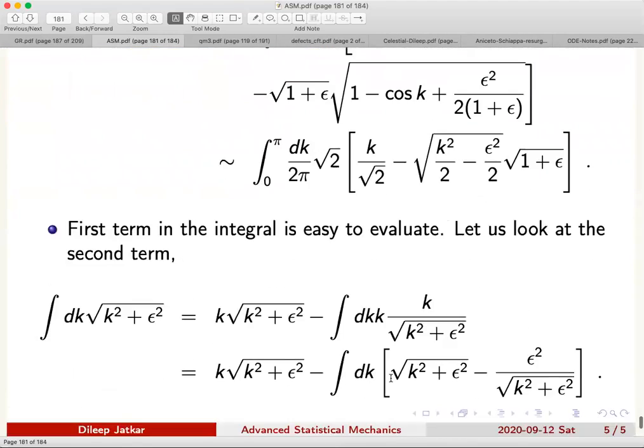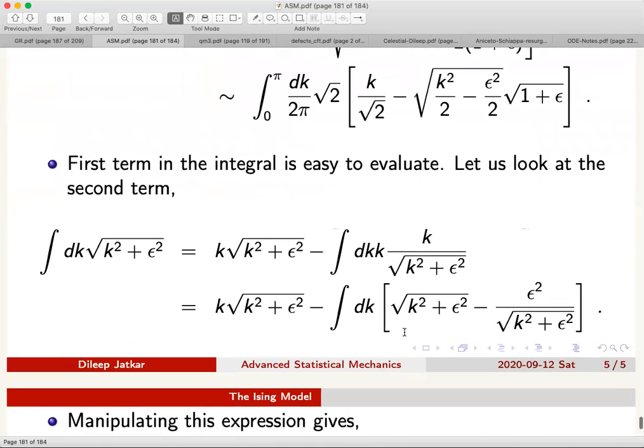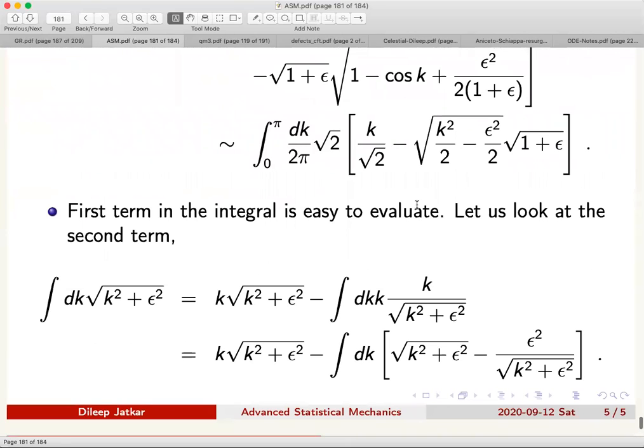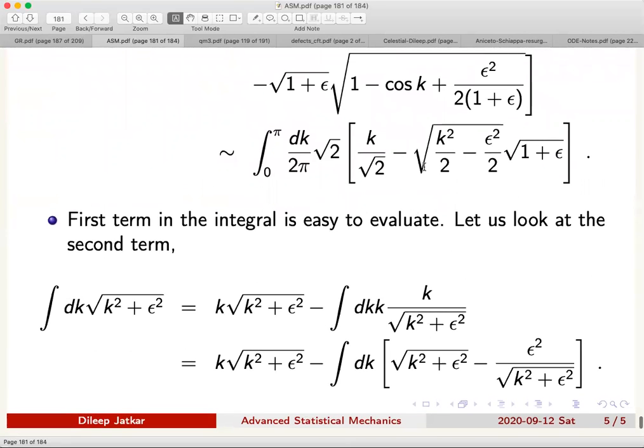Now we want to look at this particular expression. The integral of dk times k is a trivial integral. There's nothing to do. The second integral is the interesting one. I seem to have got a sign wrong.